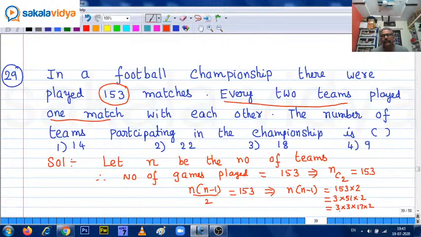So 3 into 3, 9. 9 into 2, 18. 18 times 17. It's a product of two consecutive numbers. That means here n value must be equal to 18. So therefore n equals 18. Number of teams participated in the championship is 18. Understood now all of you?